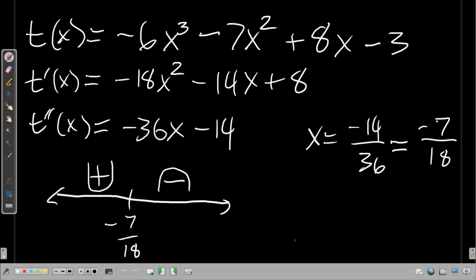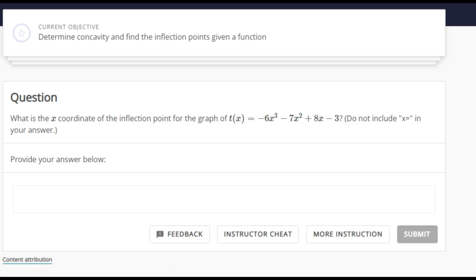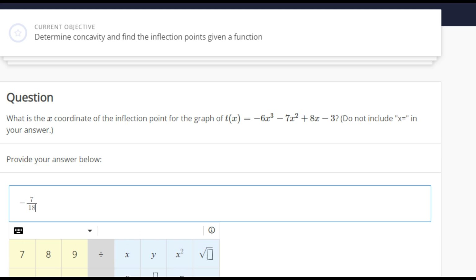All right, so we have an inflection point at minus 7 over 18, comma, t of minus 7 over 18, and I suppose they're not going to want me to put that point. They're just asking me for the x value where it occurs. So that's at minus 7 over 18.